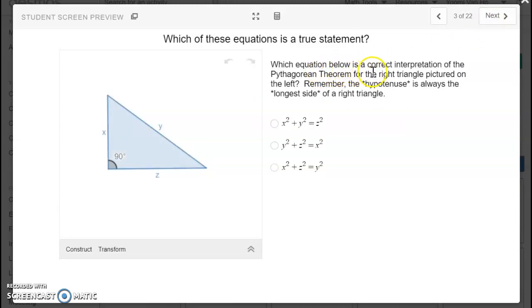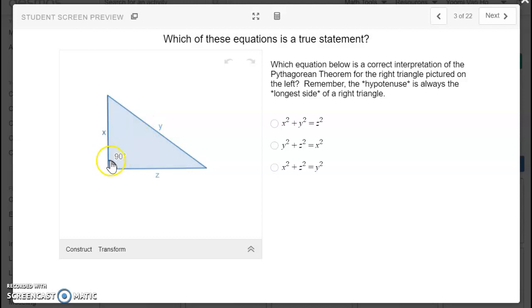Which equation below is the correct interpretation of the Pythagorean theorem for the right triangle pictured on the left? Remember, the hypotenuse is always the longest side of the right triangle. So first thing is, which is the right triangle? Which is the hypotenuse? Identify the 90 degrees, and from there, go across from it.